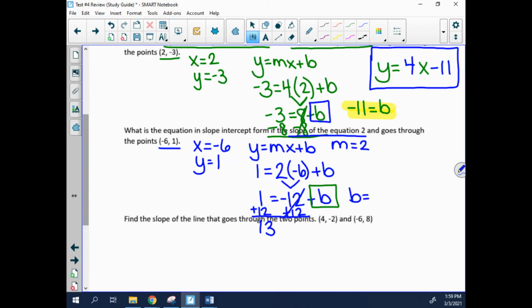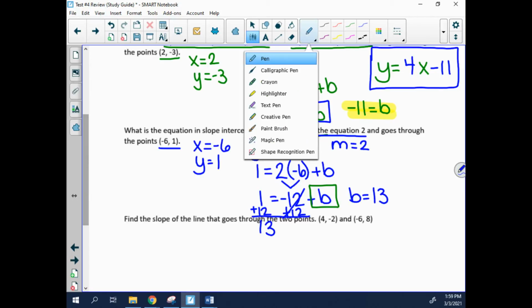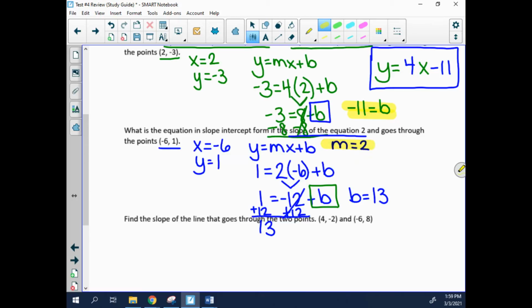So b equals 13. I now have an m of 2 and a b of 13. So I'm going to plug in 2 for m, put my x, and then 13 for my b. This would be my final answer.